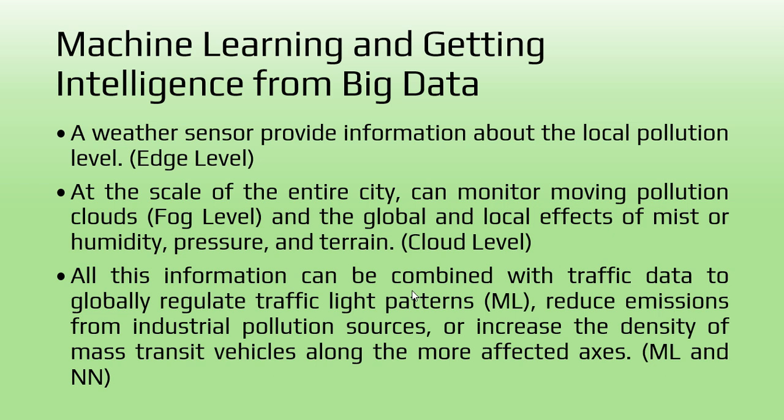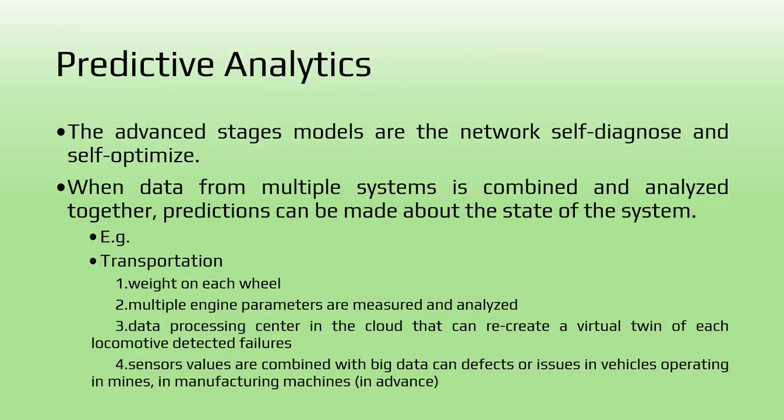All this information can be combined with traffic data to globally regulate traffic light patterns, reduce emissions from industrial pollution sources, or increase the density of mass transit vehicles along with better access, using ML and neural networks. So these are some scenarios with respect to the information we are learning.